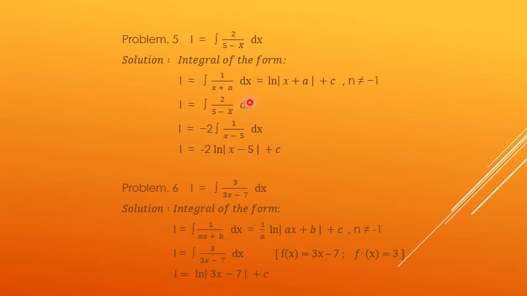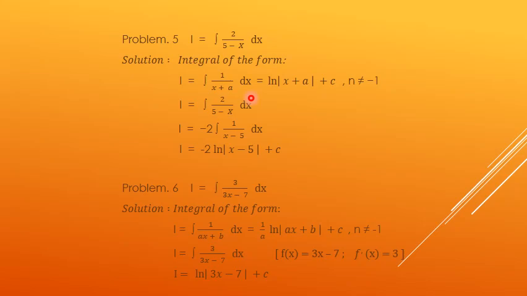When we multiply minus with 5 we get minus 5, and minus with minus x we get positive x dx. So here we change the condition of the question according to the formula.